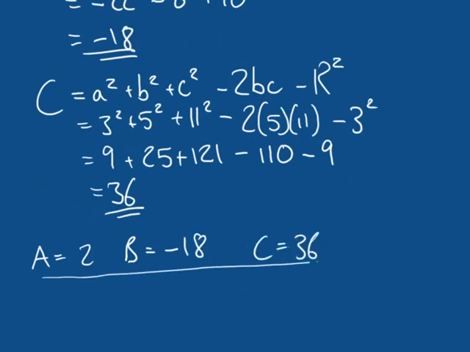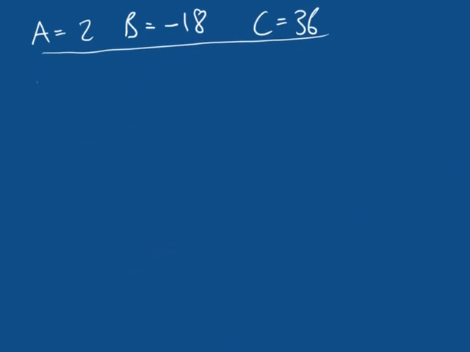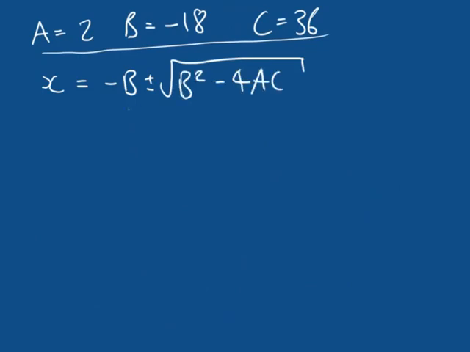With this information, we can use our quadratic formula to solve for x. So we know that x is equal to minus b plus or minus the square root of b squared minus 4ac all over 2a. And we need to find the value of b squared minus 4ac to determine: do the line and the circle intersect?